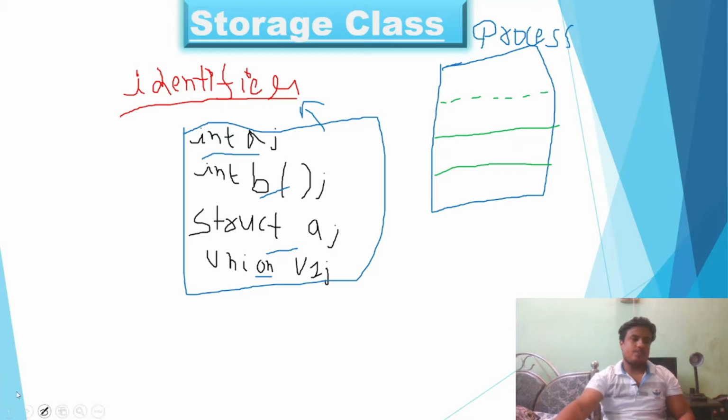The first part contains our object file, suppose our file is example.c, so the .o file. Here is the data section, where most of the variables we define are declared.